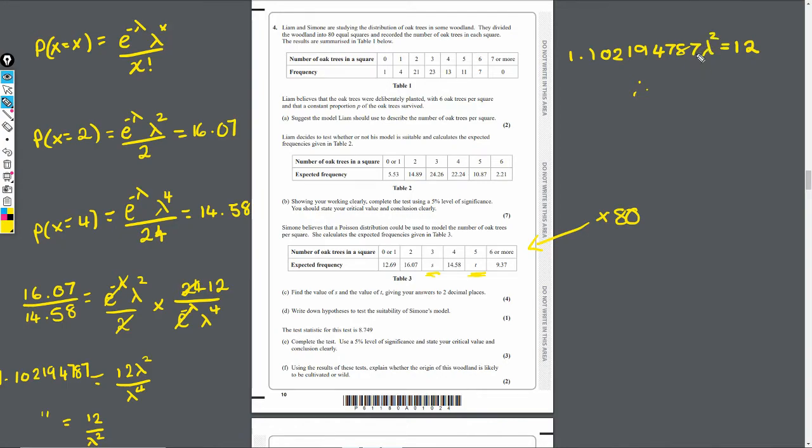So if you do that, what you'll obtain is that lambda is equal to 3.299601153. Obviously you could round that, but for now I'm just going to keep it to 4 degrees of accuracy because we can use this now to obtain these two probabilities here.